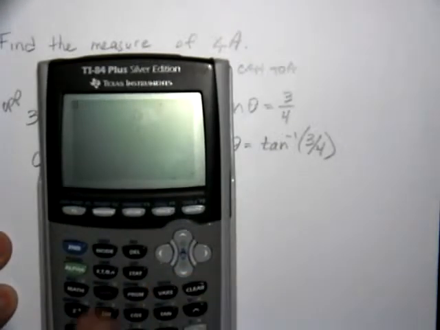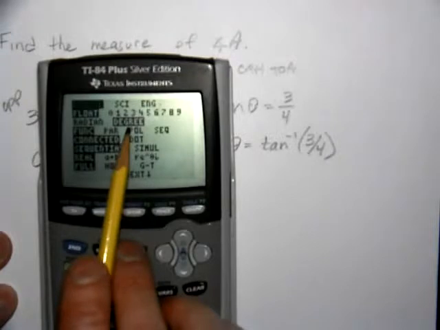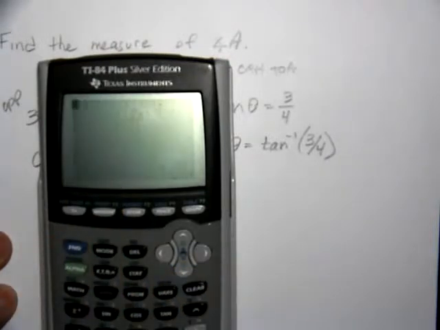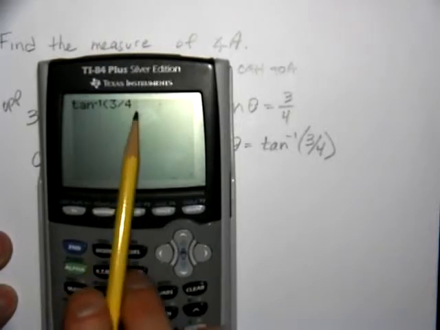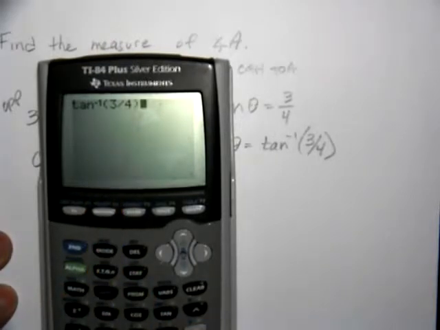So we'll bring over our calculator. Be sure you're in degree mode. So we'll say second, tangent, 3 divided by 4. If you're doing a fraction, it has to be in parentheses. Most of the graphing calculators put that in automatically.